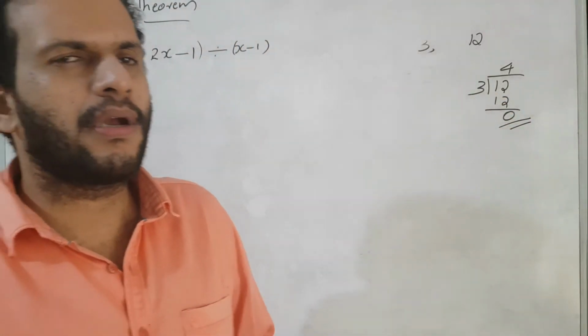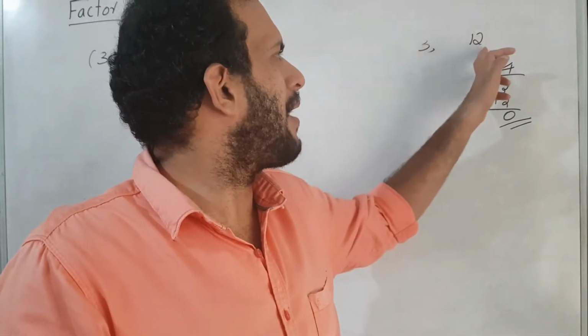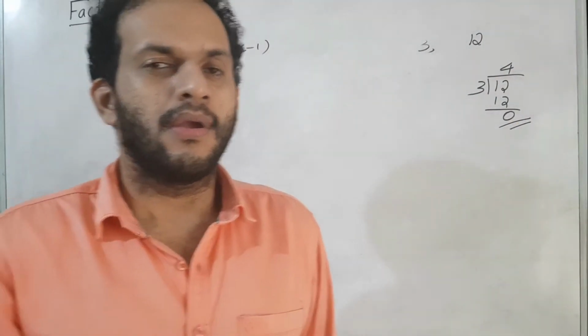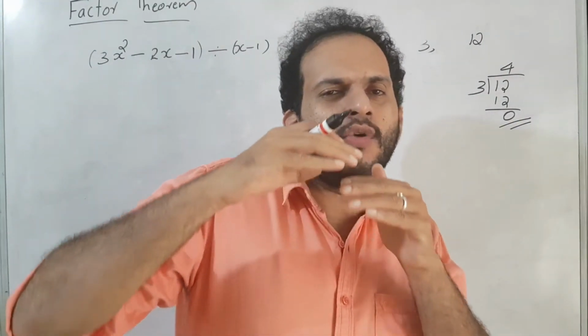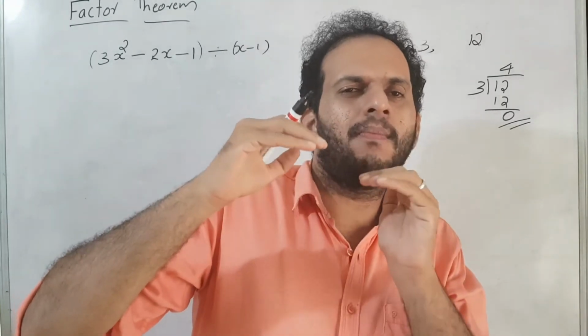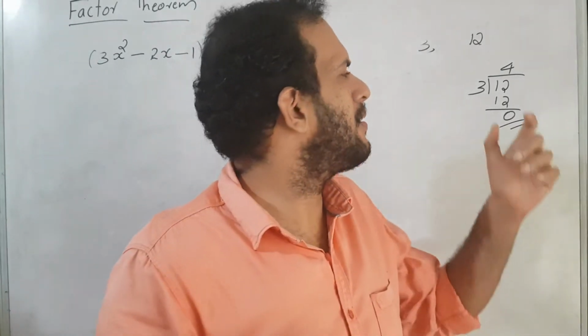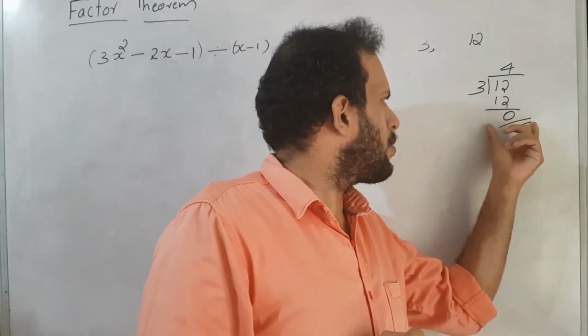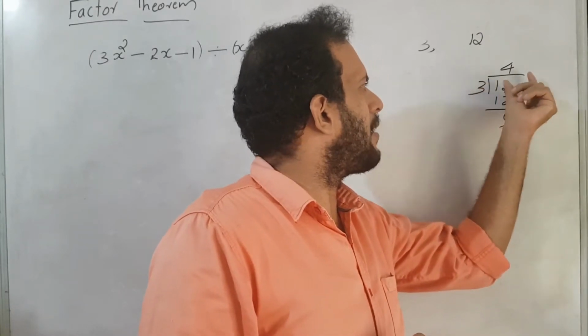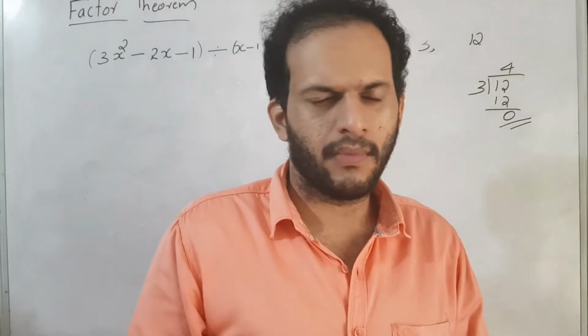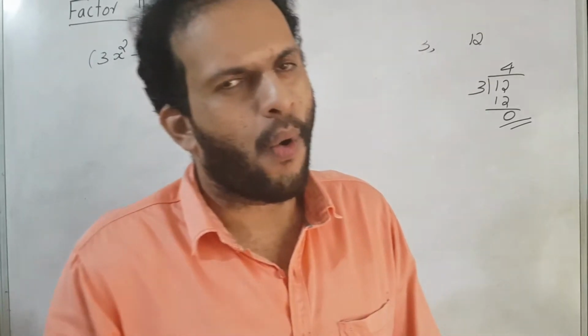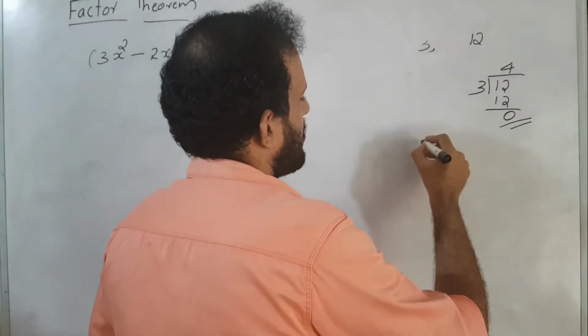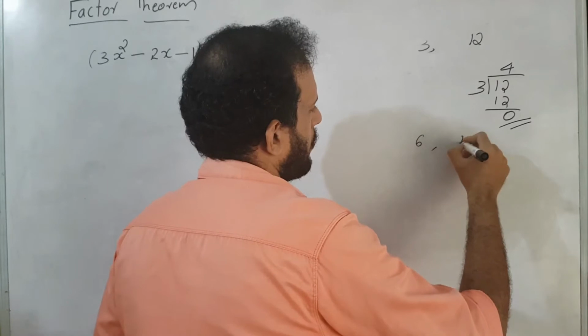Then when we conclude that 3 is a factor of 12, we conclude like this: if we divide 12 by 3, the remainder is 0. So we conclude 3 is a factor of 12. Clear?